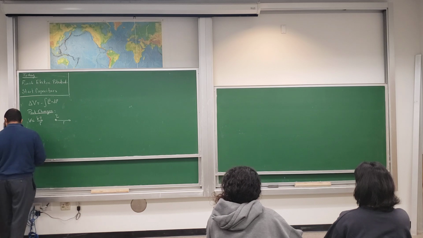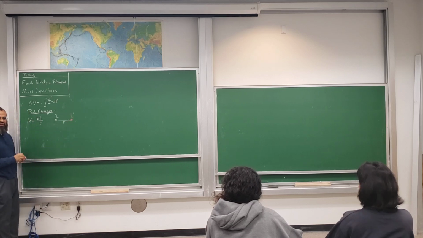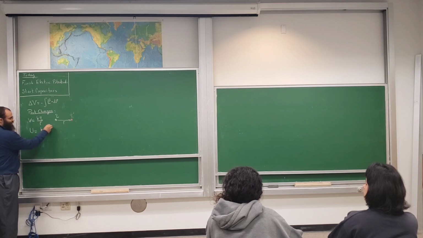If we were to place another charge here at this point where the potential is V, let's call this new charge Q prime, there will be potential energy associated between the two charges, and that potential energy is K Q1 Q2, in this case Q prime, divided by the separation between them, which is r.